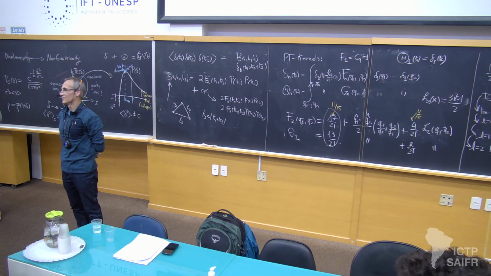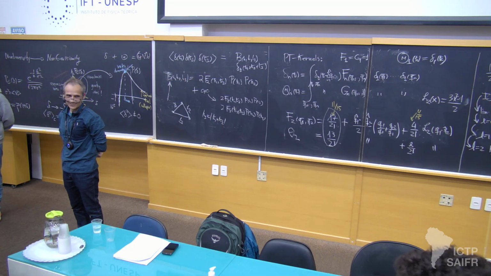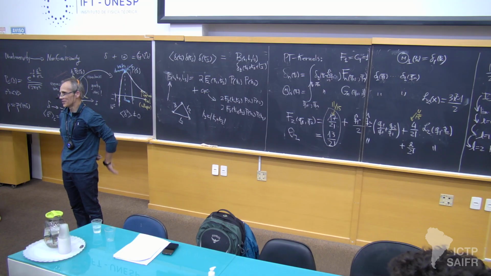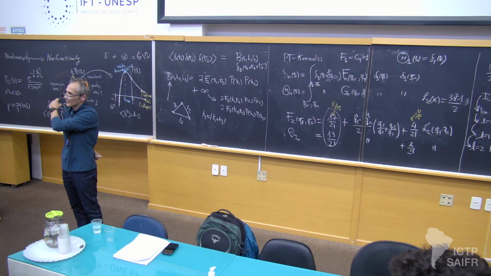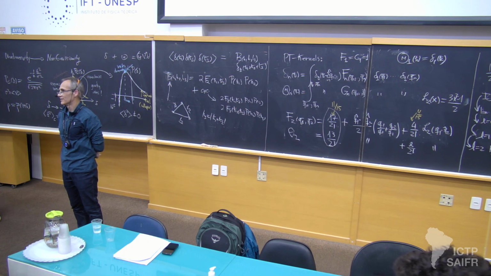So there will also be additional non-Gaussianities coming from what we call redshift space distortions. So at the end, we will have lots of non-Gaussianities to study, okay? And our job is to understand all of these and try to learn if actually the primordial field, delta 1, is non-Gaussian. That will be fantastic. We will learn probably something about inflation. So far, we haven't seen any evidence of that.